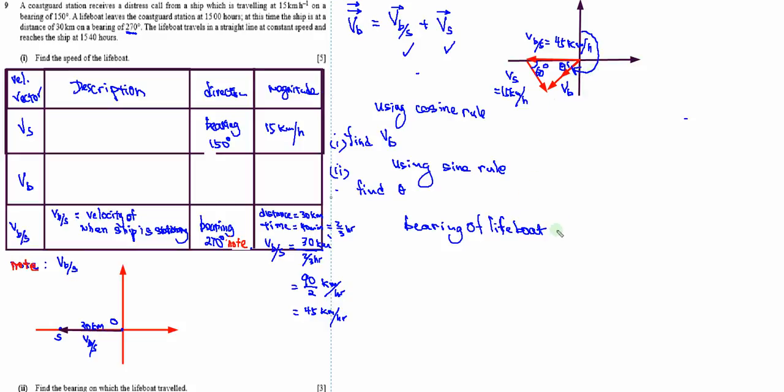So after you find theta, you take 270 minus theta, that will give you the bearing of the lifeboat. Okay, so that's it.